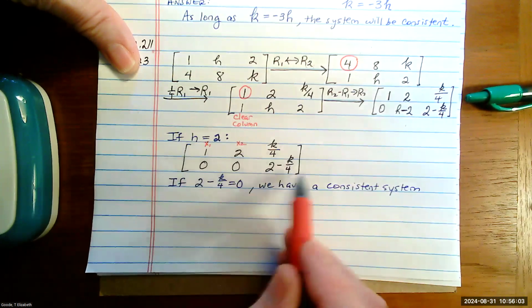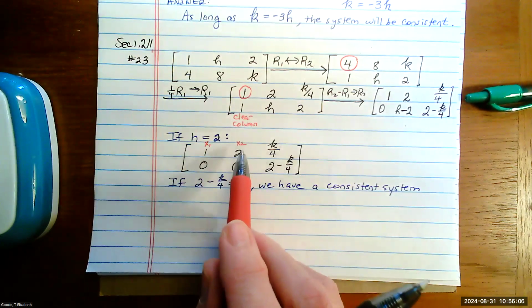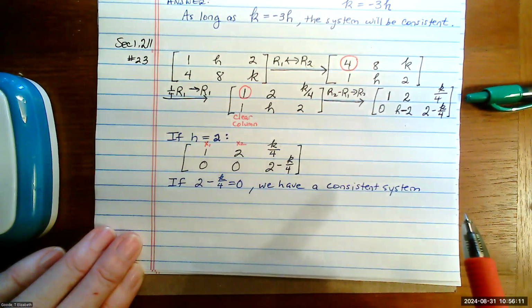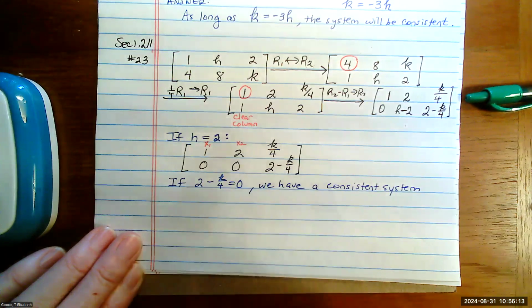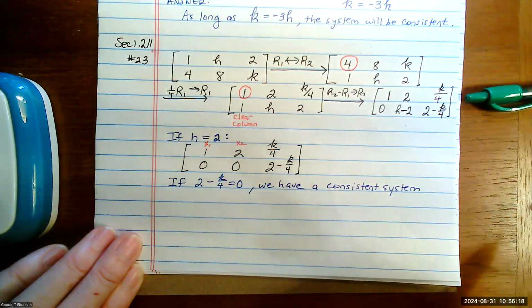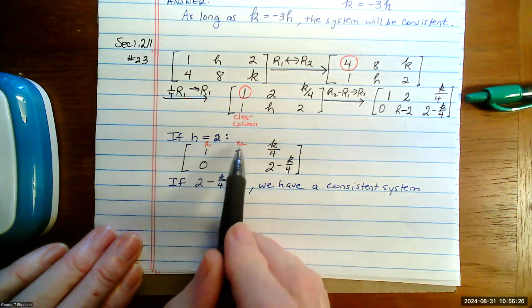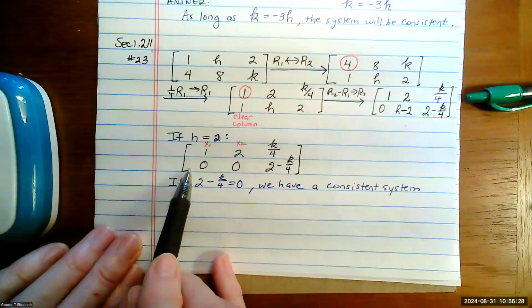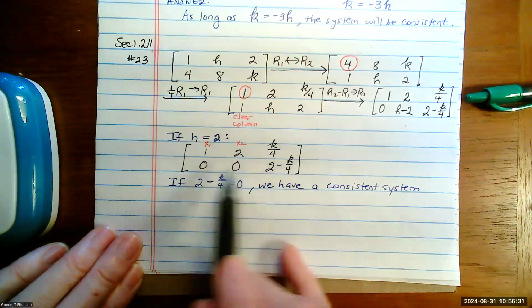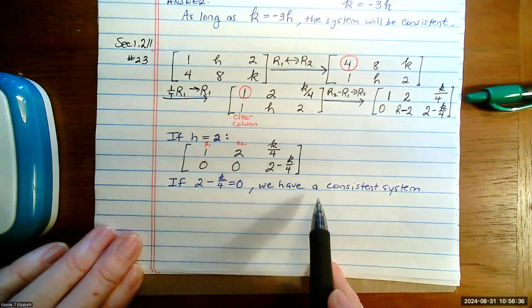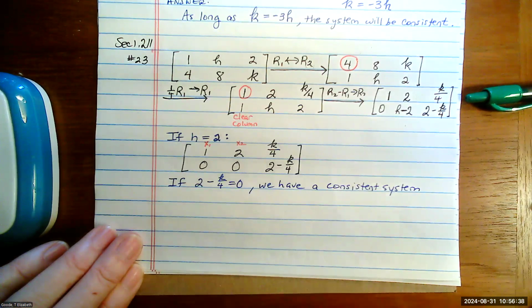If the number of rows equals the number of variables, and you have a row of all zeros, one of those variables is going to have to be free. If you have more equations than unknowns, then you can afford, in some sense, to have a row of all zeros and still not necessarily have a free variable. But because we have two variables, x1 and x2, and we have two equations, two rows, making a row of all zeros guarantees a free variable and infinitely many solutions. So let's just solve.